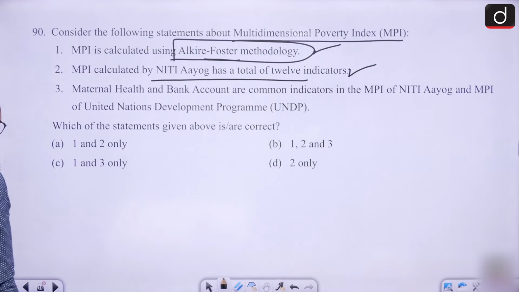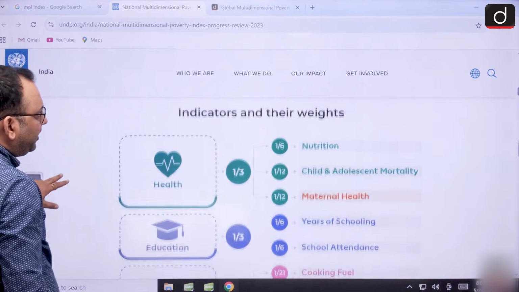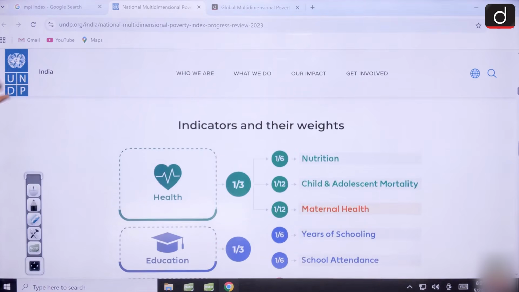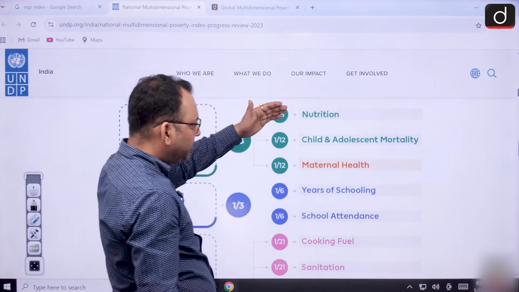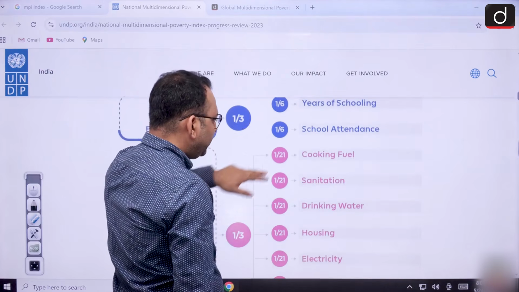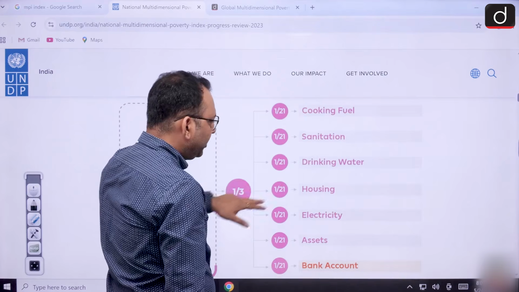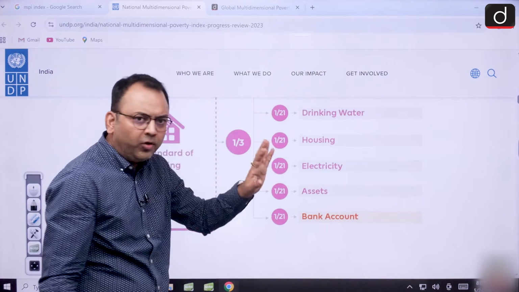You see here, this is the UNDP website, right? So we take nutrition, child mortality, years of schooling, school attendance, cooking fuel, sanitation, drinking water, housing, electricity, assets. 10 indicators are from the UNDP.